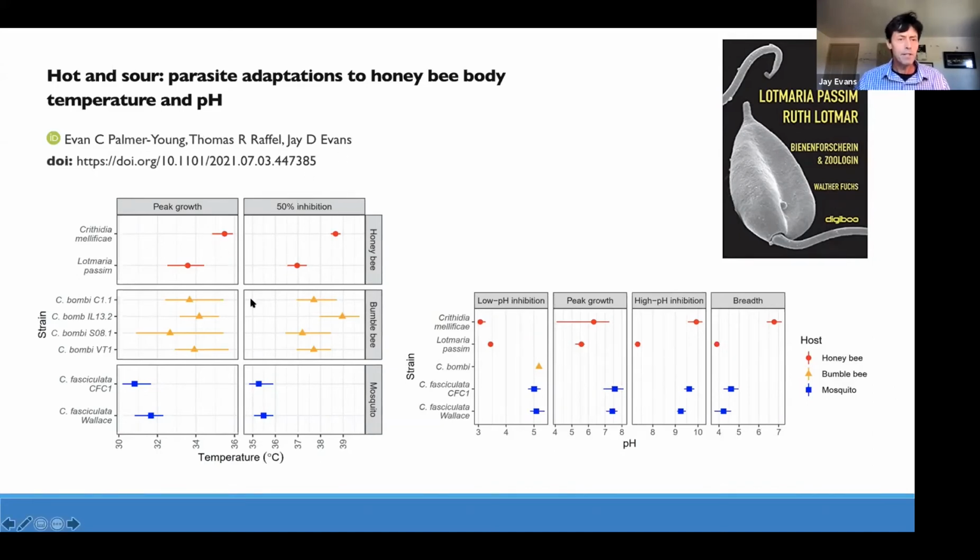But on the physiological side, there's an interesting contrast. So these two red ones are two trypanosome parasites that have been found in honeybees. Crithidia mellificae was the historic one, well known, a couple of decades of work, kind of petered off in the 80s, not much done on it for about 30 years, really.